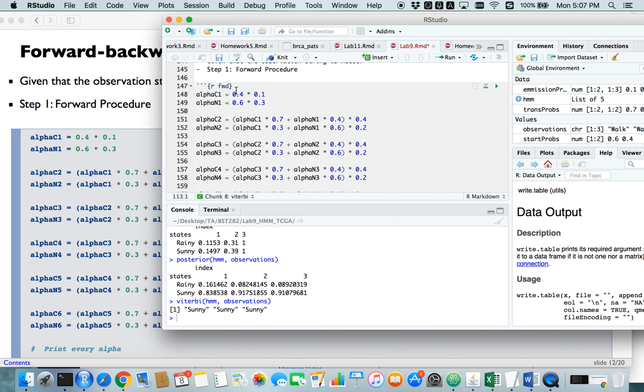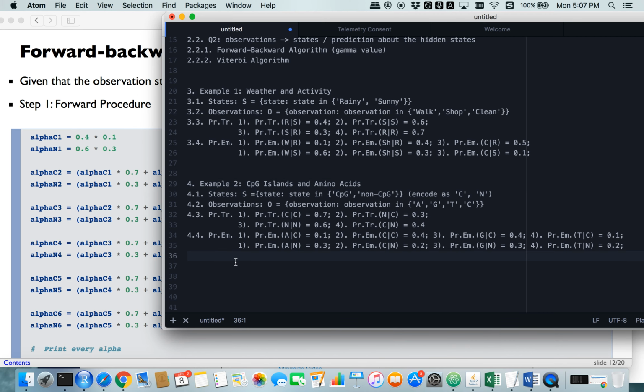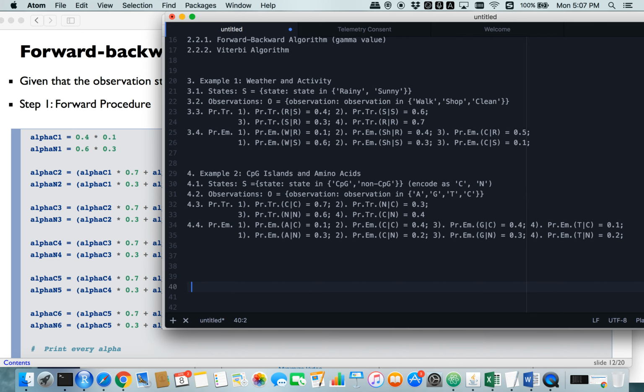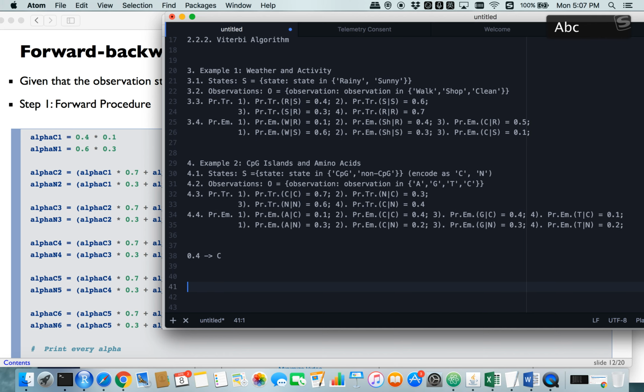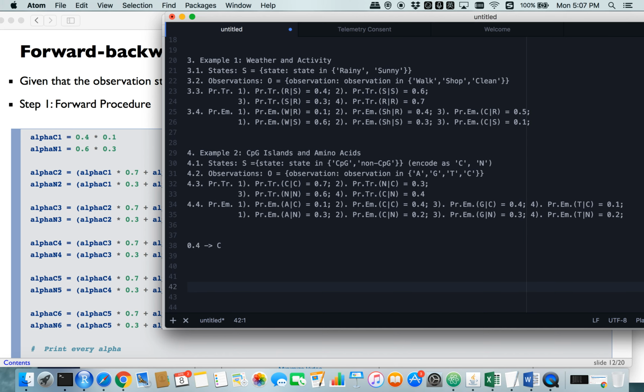To begin with, we have the initial probability as 0.4 and the initial probability that the first loci is a non-CPG island as 0.6. If you want to explain them more clearly, you can draw some pictures. So the initial probability that the first loci is a CPG island is 0.4, and the chance that the first loci is a non-CPG island is 0.6.